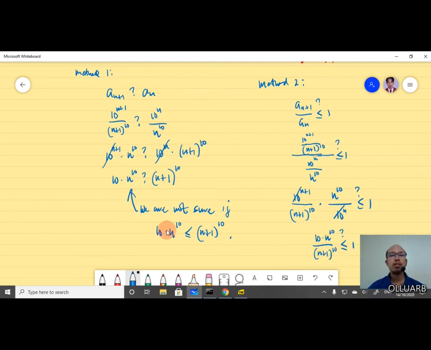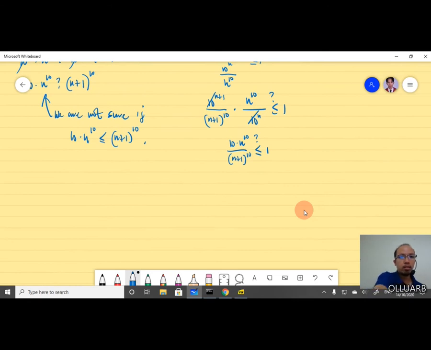So if we take n which is equal to 6, then clearly 10 times 6 to the 10 over 7 to the 10 is not less than 1.